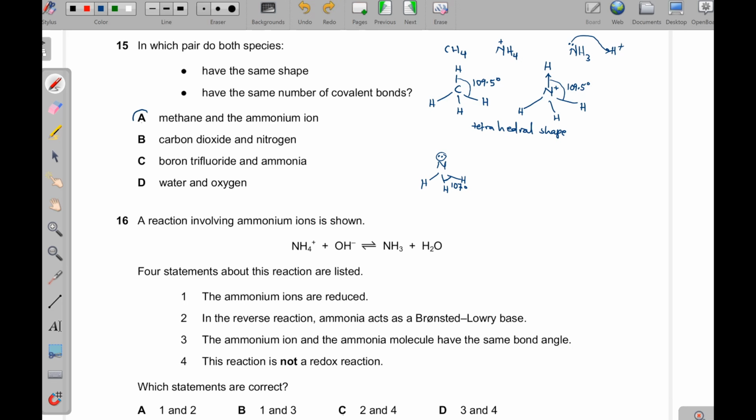So it looks like the answer is actually A. But let us look at these other ones. Carbon dioxide and nitrogen. Carbon dioxide is this one here. Its shape is going to be linear. So it is like that.